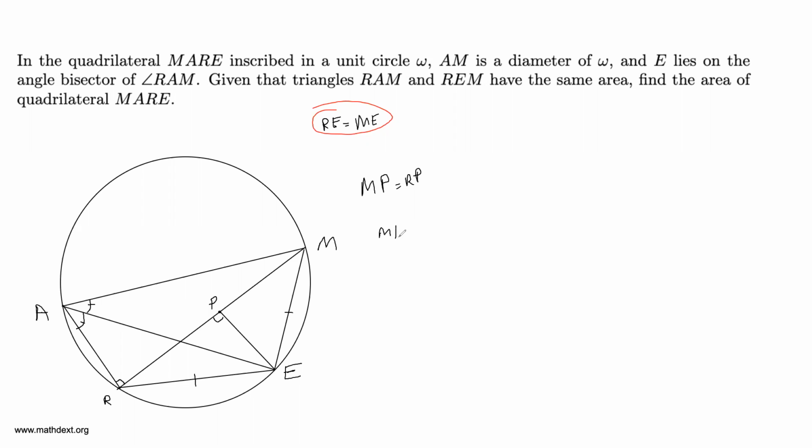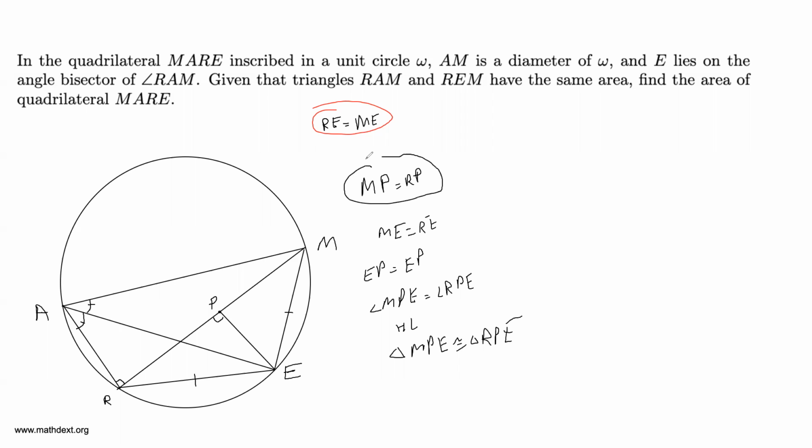ME equals RE, EP is equal to itself, and angle MPE is equal to angle RPE. So by HL congruence, triangle MPE is congruent to triangle RPE, and thus MP is equal to RP. That essentially proves this claim as well. So let me mark this down as a pair of equal sides.